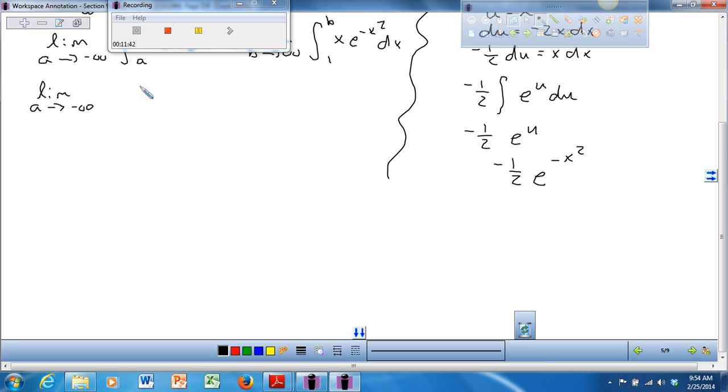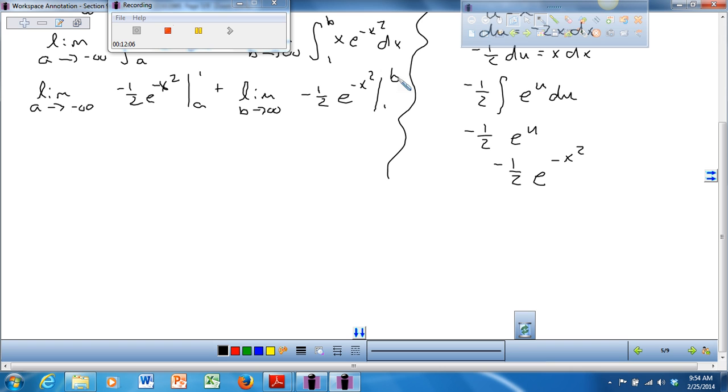Limit as a approaches negative infinity of negative 1/2 e to the negative x squared, evaluated between a and 1, plus the limit as b approaches infinity of negative 1/2 e to the negative x squared, evaluated between 1 and b. At your desk, figure this out.